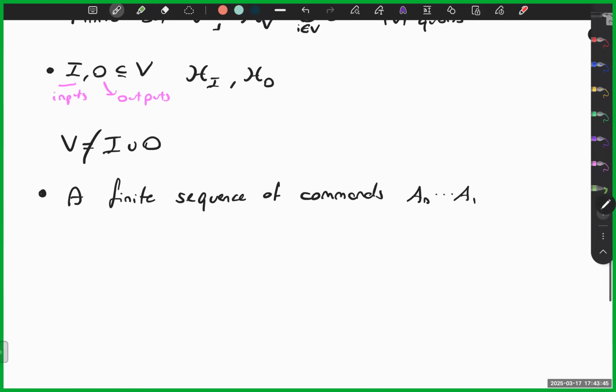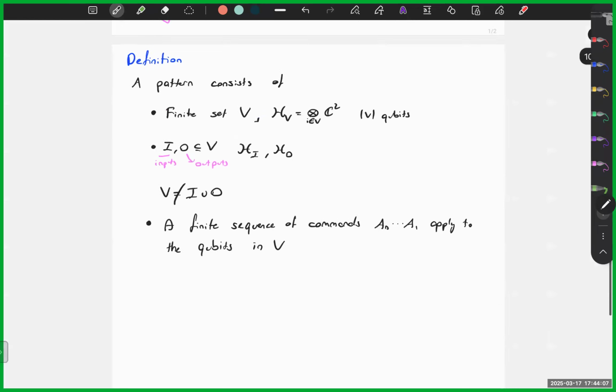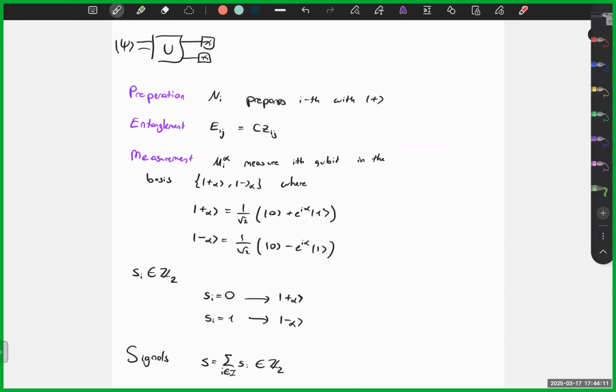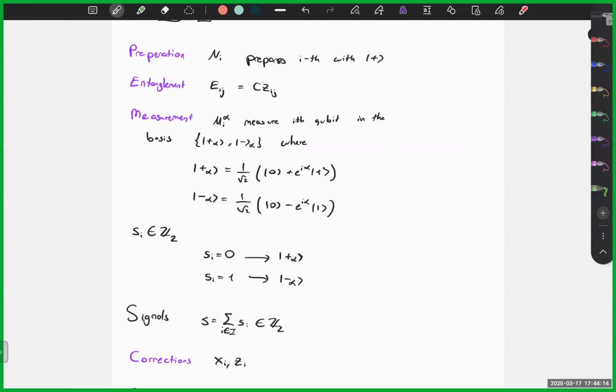In the usual way, we are reading from right to left as we do with unitaries. Those commands apply to the qubits in V. But our commands, as you can see here, make more sense if we put some restrictions on them.